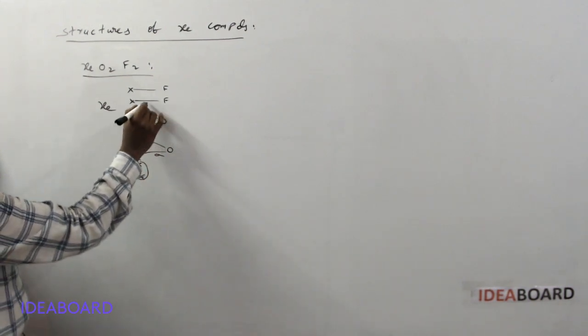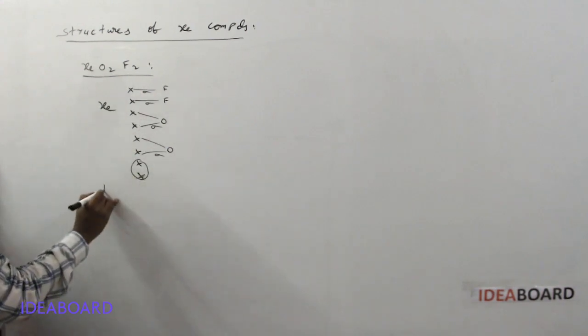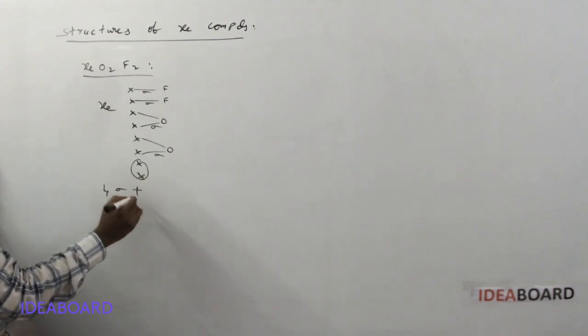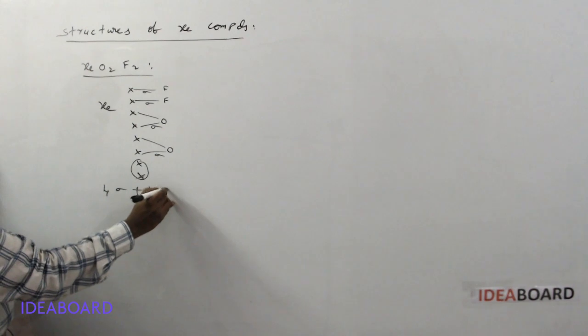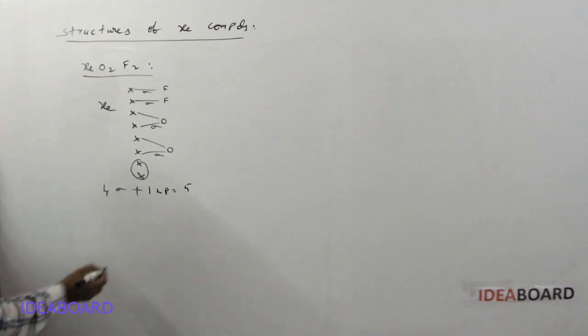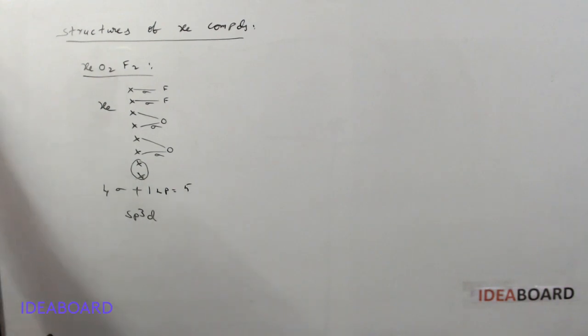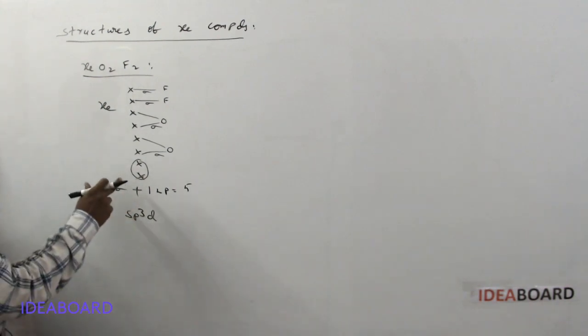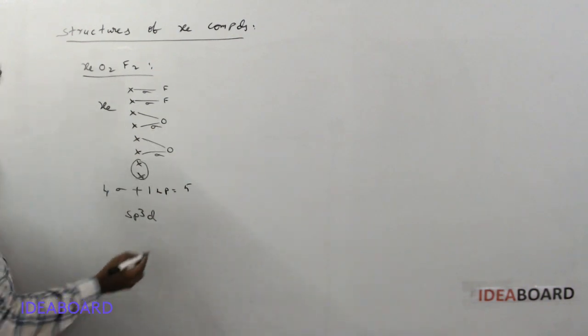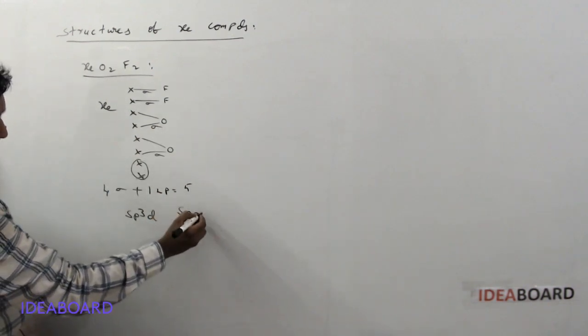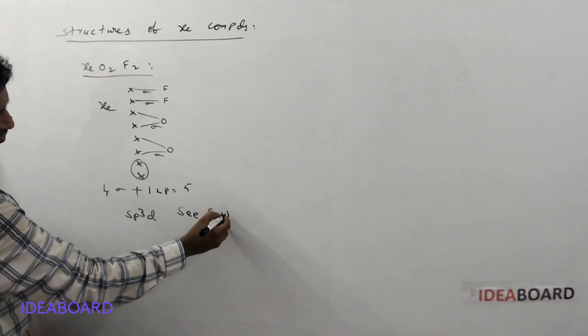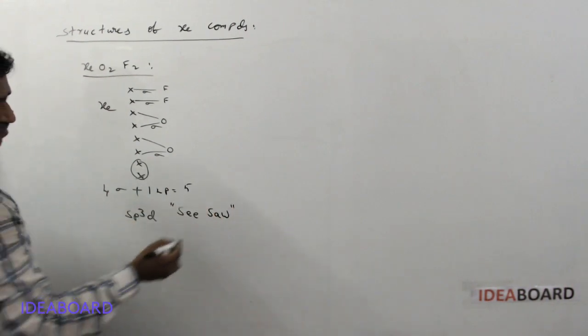So 1 sigma, 2 sigma, 3 sigma, 4 sigma. 4 sigma bonds plus 1 lone pair, total it is equal to 5. 5 means it is sp3d hybridization. Actually sp3d means trigonal bipyramidal, but what type of molecular shape does it have? Yes, it is a very important shape. This is called the seesaw shape.